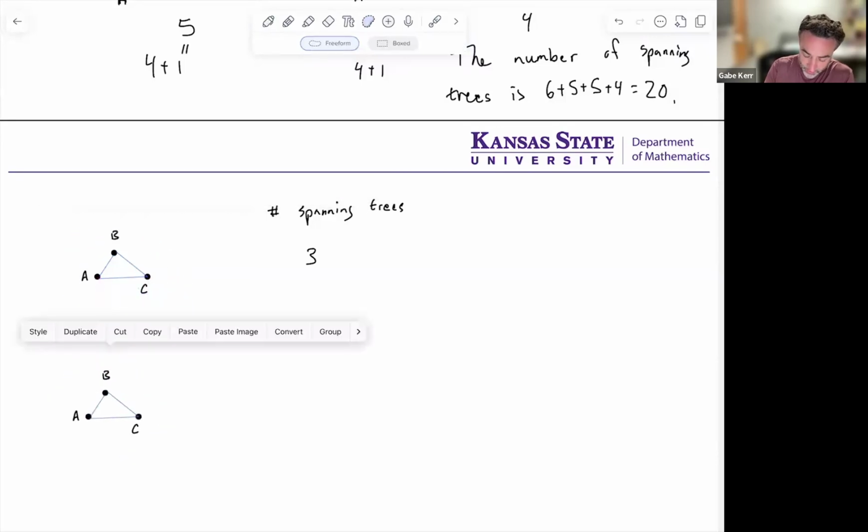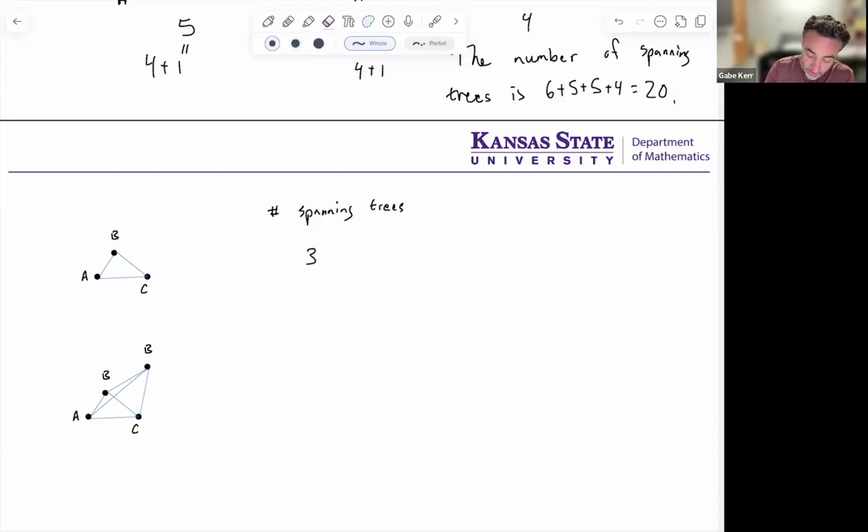Now let's take this same example and let's do something to it. We'll add one more vertex, and we will connect this vertex up to everything else. So I'll do this. So this vertex, I guess I'll call D. Now, how many spanning trees are there? Well, if you think about this, I've got 4 vertices and I've got 6 edges.